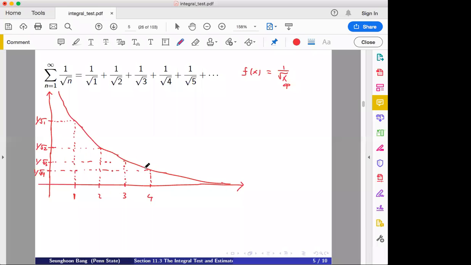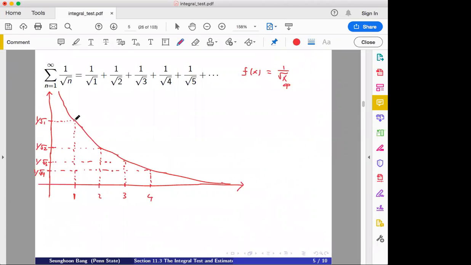So next, we can make rectangles above the curve.